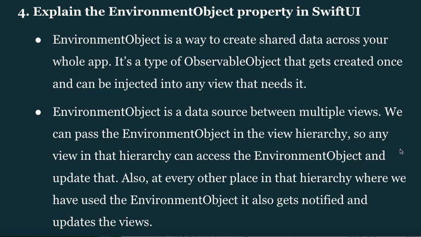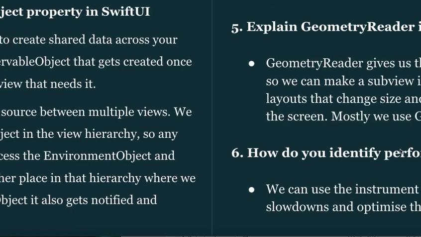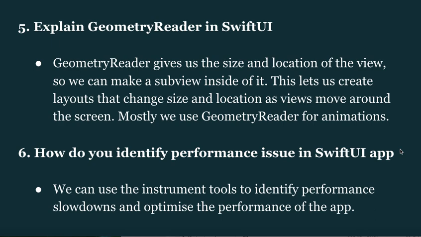We can pass the environment object in the view hierarchy, so any view in the hierarchy can access the environment object and update it. Also, every other place in the hierarchy where we have used the environment object gets notified and updates the view.